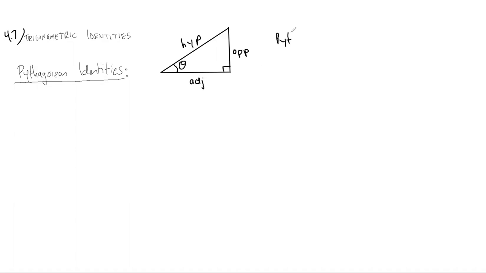So the Pythagorean theorem gives us that the adjacent squared plus the opposite squared equals the hypotenuse squared. And so what we can do with this equation is just divide the whole thing by the hypotenuse squared. So term by term, I'll divide by the hypotenuse squared.